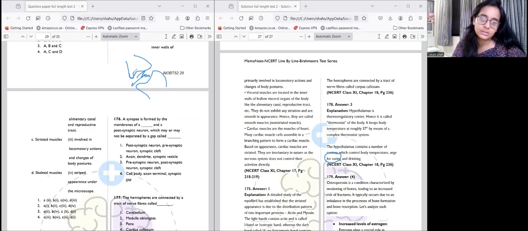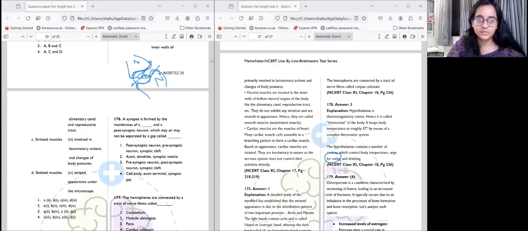So this has to be my presynaptic membrane, and this has to be my postsynaptic membrane. So a synapse is formed by the membranes of a presynaptic neuron, because this is a neuron and this is a neuron. Since this is the membrane present before the synapse, it's a presynaptic neuron, and then a postsynaptic neuron, which may or may not be separated by a gap called the synaptic cleft.